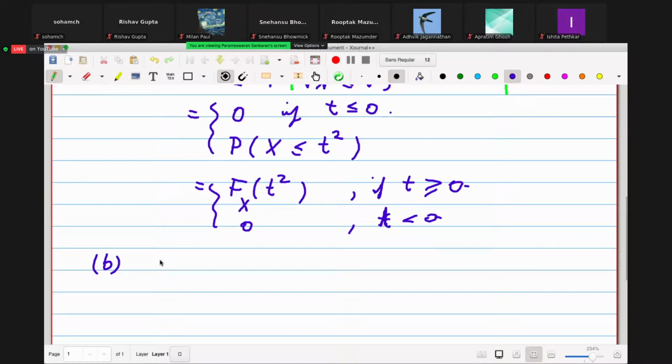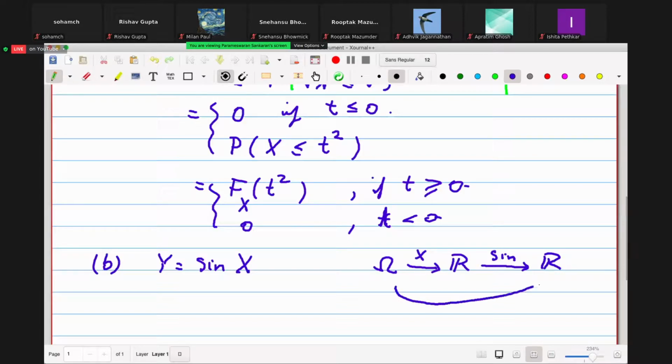Okay, so here Y is equal to sine X. Just to understand, omega goes to here, this is your X, and then you compose it with the sine function, and you go here, and this is your Y.